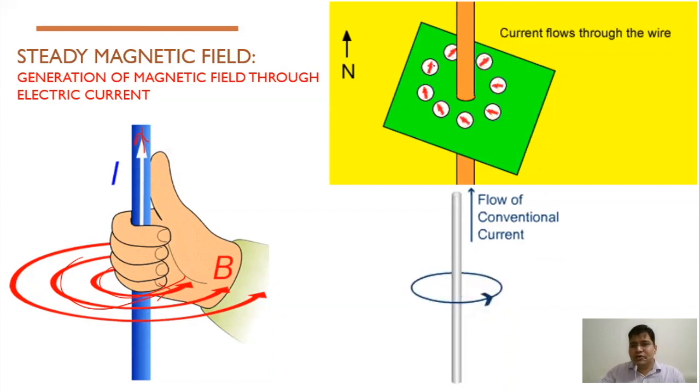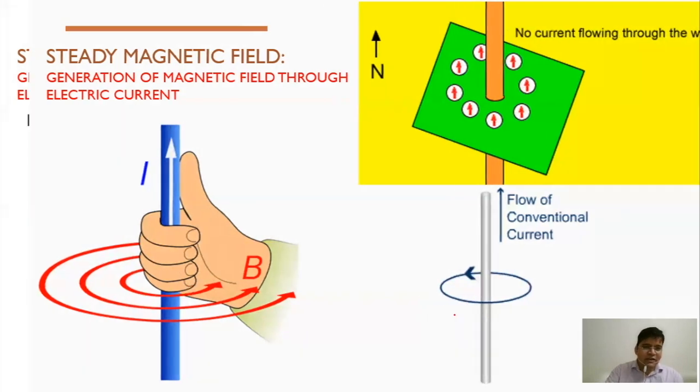Initially there is no current, so these arrows were straight, and when there is a current, the magnetic field is being generated. That is what this GIF wants to tell you, and this again shows the rotation of the magnetic field. So that is the steady magnetic field.